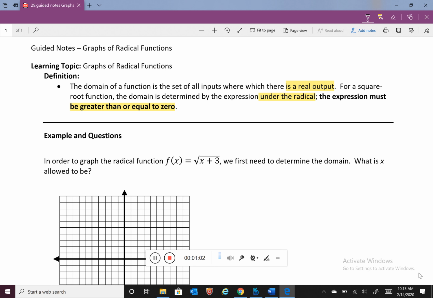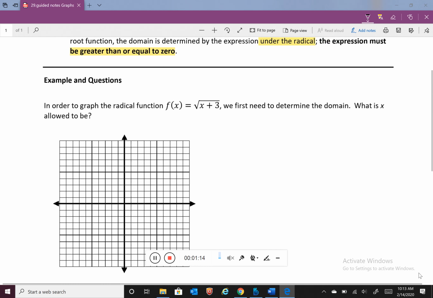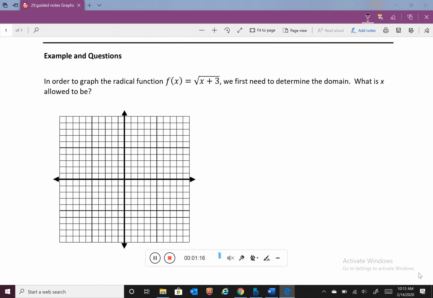Whenever we're asked to determine the domain of a function that is in the variable x, what we are essentially asking ourselves is, what is x allowed to be? Because we're looking at a square root function, the expression under our radical cannot be negative. Therefore, it must be greater than or equal to 0.